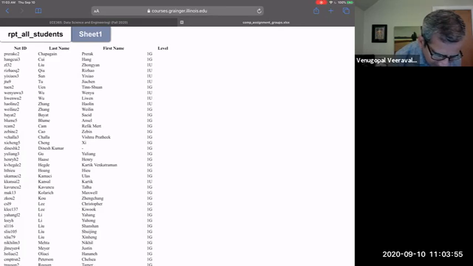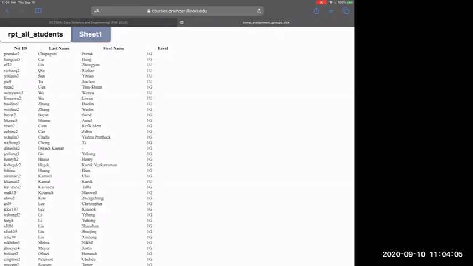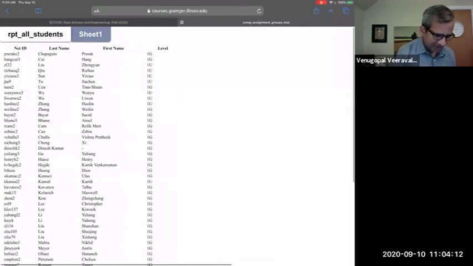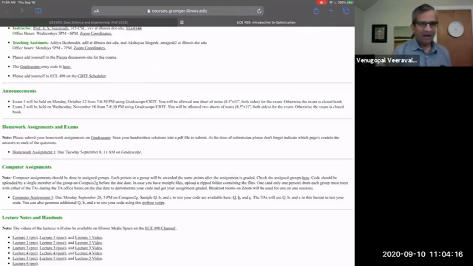There's something strange here. I'll make sure that the team assignment is correct with the TAs. I think it's the other sheet. There's another sheet. Okay, so I can't do that on my iPad. Sorry. So you guys can open it and make sure that it is actually what it's supposed to be.